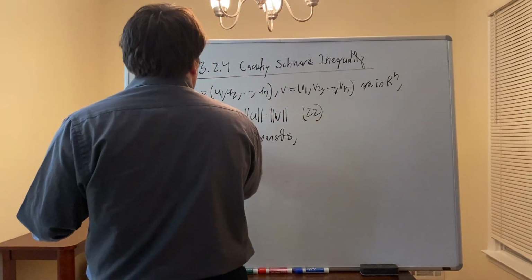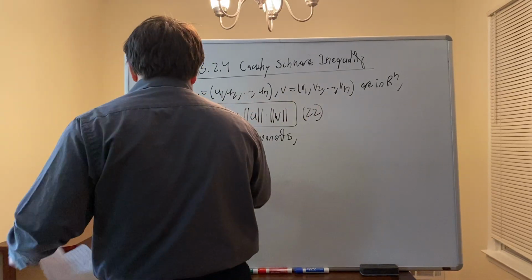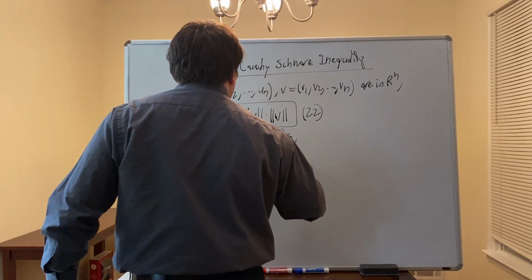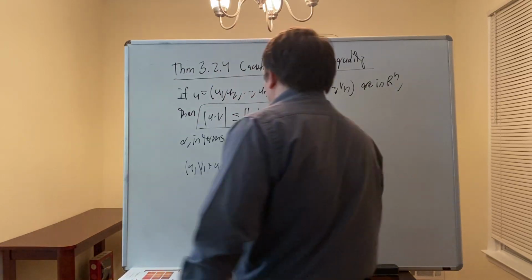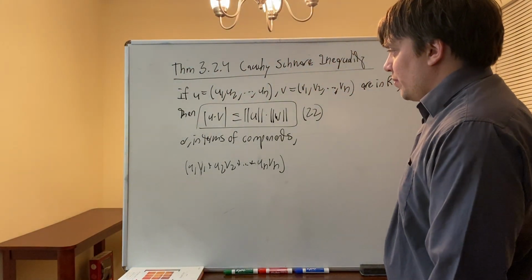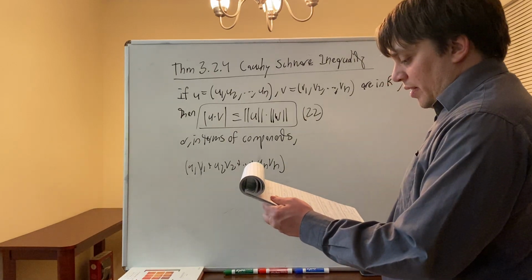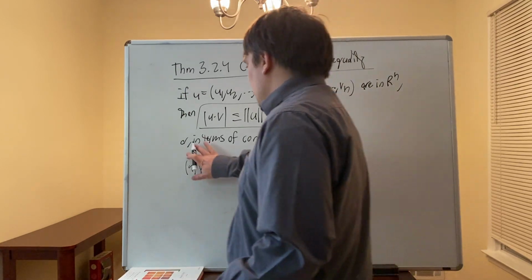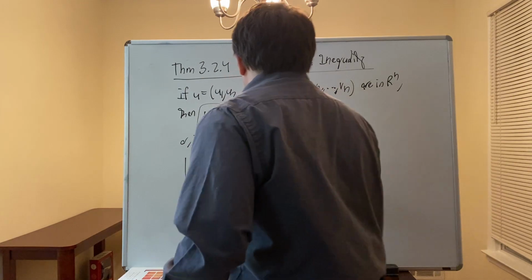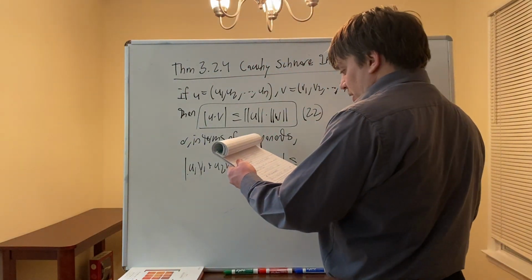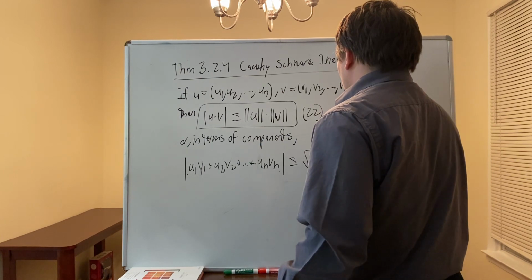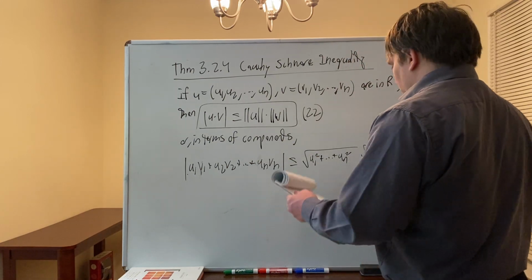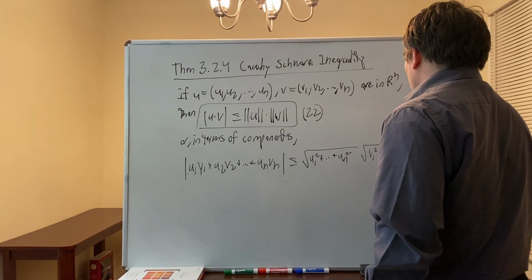You can write the same inequality as the absolute value of u1 v1 plus u2 v2 plus ... plus un vn, which is the dot product, is less than or equal to the norm of u, which is the square root of u1 squared plus ... plus un squared, times the square root of v1 squared plus ... plus vn squared.